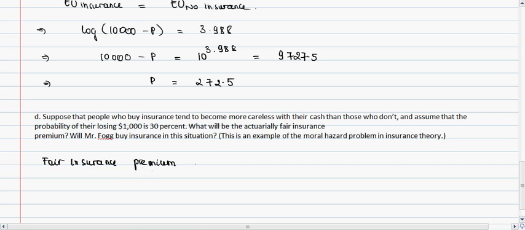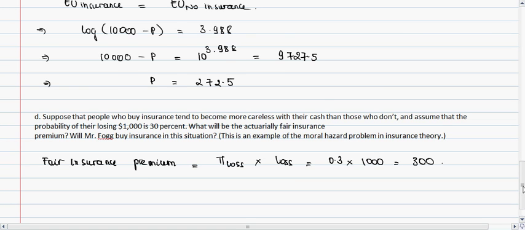So the fair insurance premium is going to be the premium that is equal to the probability of loss times the amount of loss. In this case, the probability of loss is now 30%, so that is 0.3 times the amount of loss, which is $1,000, so that should be 300.